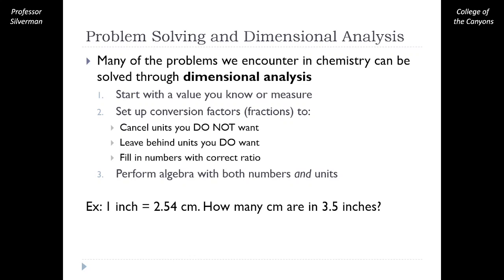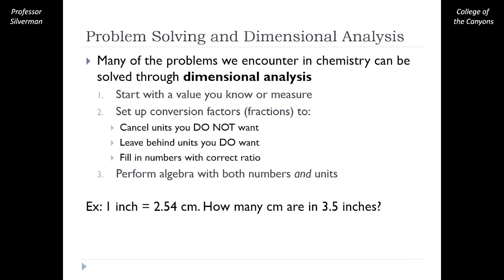Now that we have introduced our system of units, we can introduce a new problem-solving strategy known as dimensional analysis. This is going to be incredibly useful. It will allow us to convert from one unit to another algebraically. Here's our strategy listed out. We can start by writing down our value that we know.